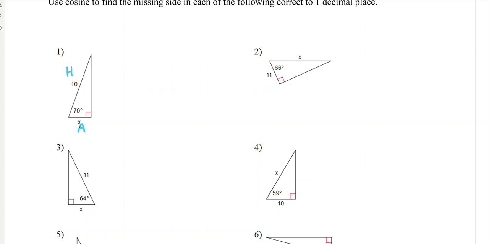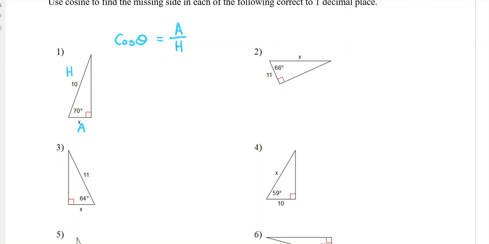So now that we know we have the adjacent and the hypotenuse, we write our cos formula down. Cos theta equals A over H. That's the shortest way. Instead of having to write adjacent and hypotenuse, we just put A over H. The second line is that we sub in the numbers from our diagram. So which number is the theta?